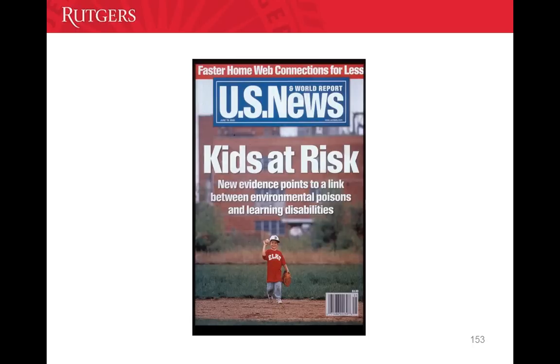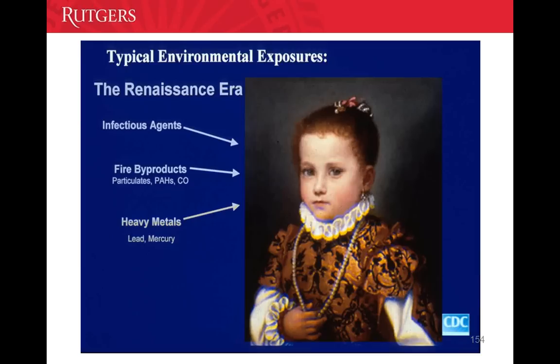It's been pointed out on more than one occasion. Here's a cover from U.S. News and World Report from back in 2000 about the environmental risks associated with learning disabilities in children. This is a slide I borrowed from now Dean Howard Frumkin at the University of Washington, from when he was at the CDC. Typical environmental exposures have always been infectious agents, fire byproducts, and heavy metals.